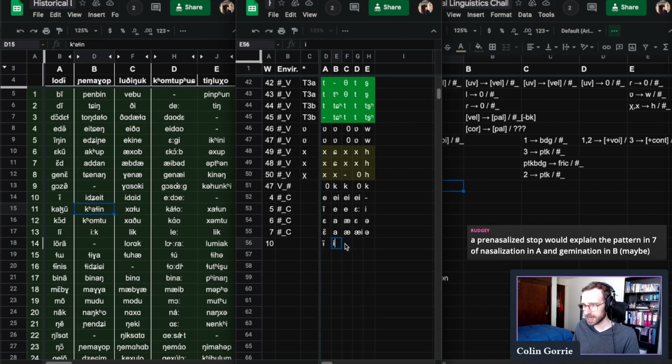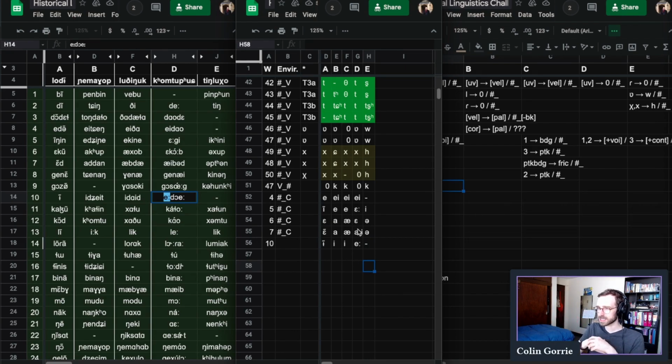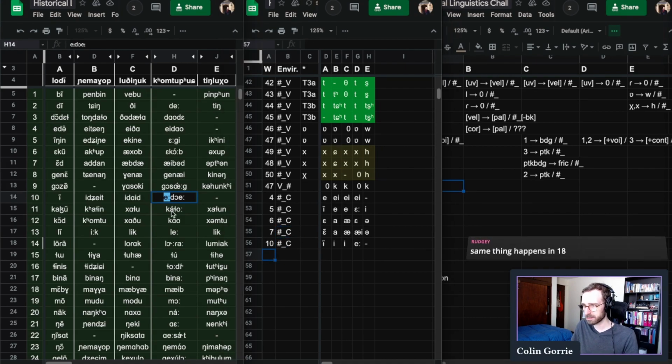Okay, so E. We have this A. Whether the vowel length is something intrinsic to the vowel quality or it's unrelated, I'm agnostic about right now. But I'm sure the mysteries of that will be revealed before too long.